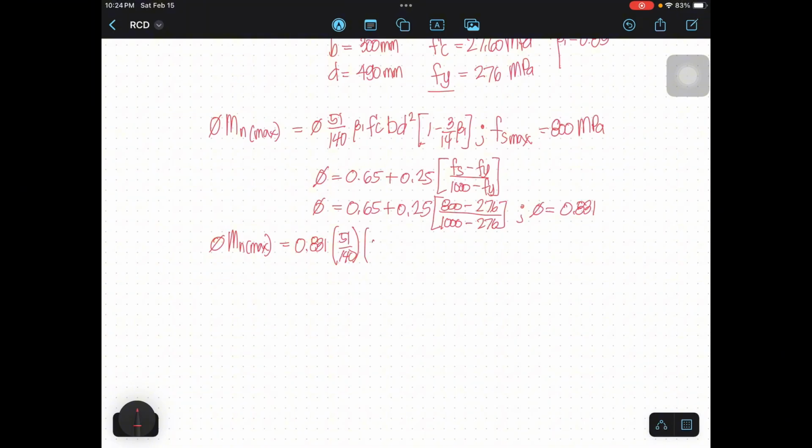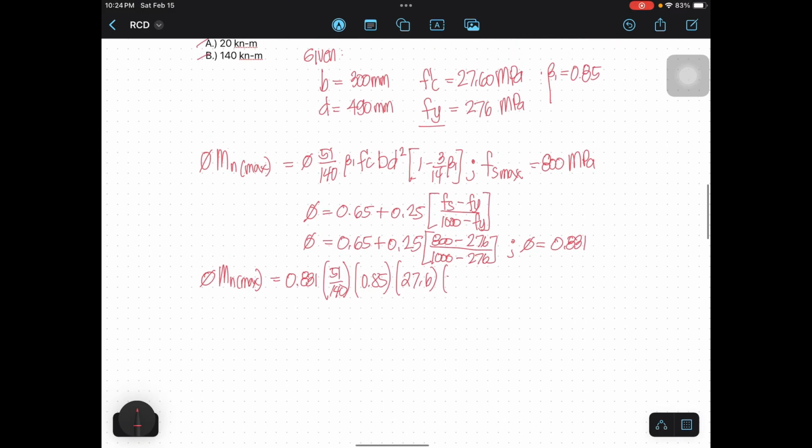Beta 1 factor natin na 0.85. f'c natin na 27.6. Base na 300. And 490 na effective depth. Naka-squared yan. Quantity 1 minus 3 over 14 ng 0.85. So yung magiging result natin dito is in terms of Newton millimeter.